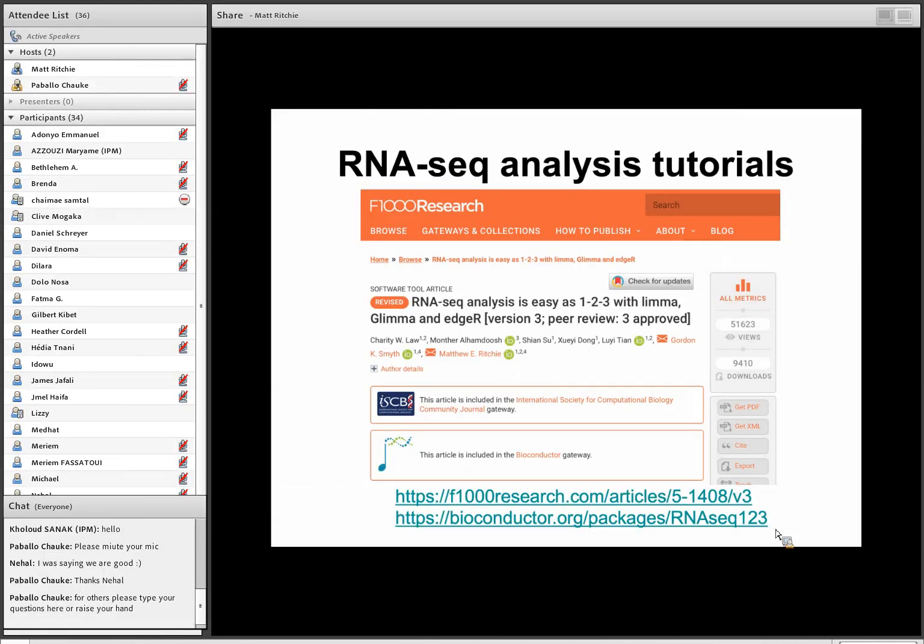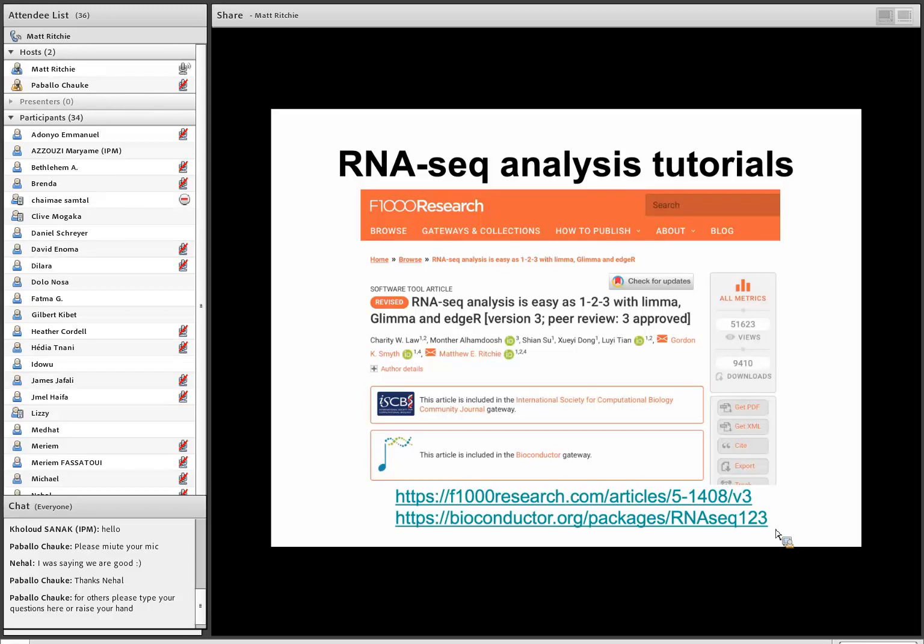The final thing that I wanted to point out, if you're interested in RNA-seq analysis, is that at Bioconductor there's a workflow series. So these are packages whose goal it is to make the teaching and learning of different types of genomic analysis easier. So here's an example of a package, RNAseq123, which is to try and point out to people the main steps that we go through in a typical RNA-seq differential gene expression analysis.